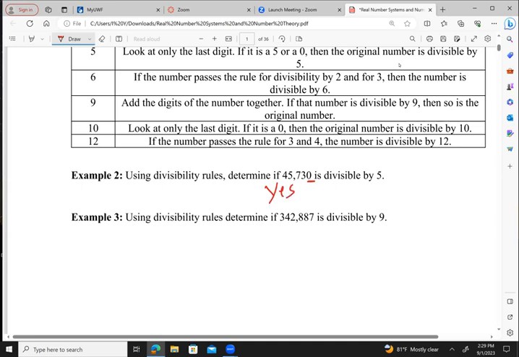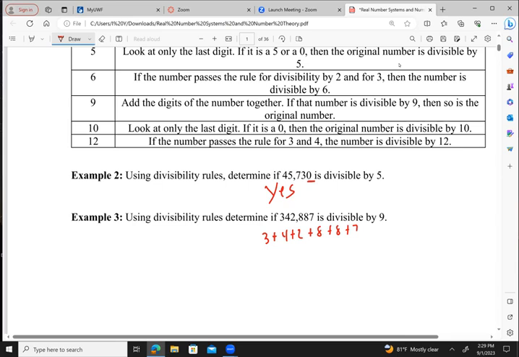Using divisibility rules, determine if 342,887 is divisible by 9. In this case, we add the digits, 3 plus 4 plus 2 plus 8 plus 8 plus 7.